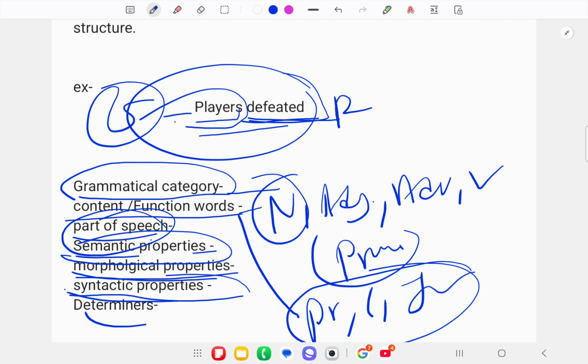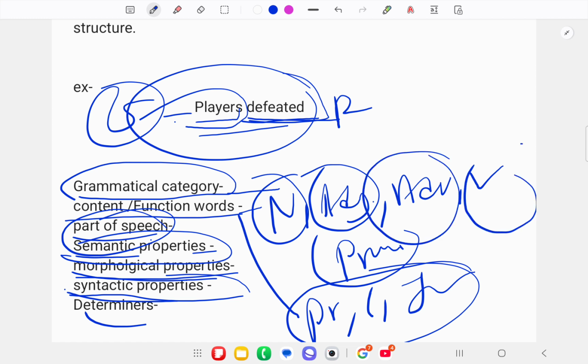In the same way, adjectives have many properties, adverbs have properties, and verbs have properties also. All the properties that we study, the grammatical category of a sentence, all come under traditional grammar.